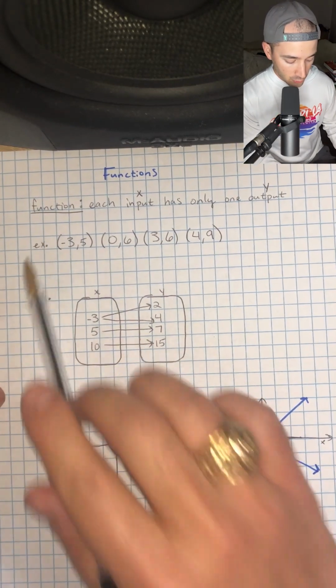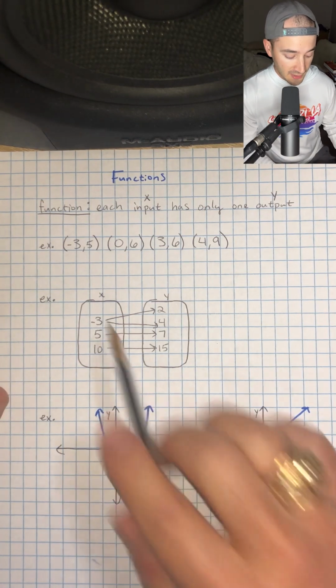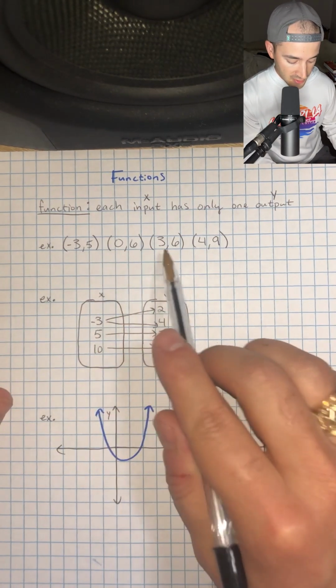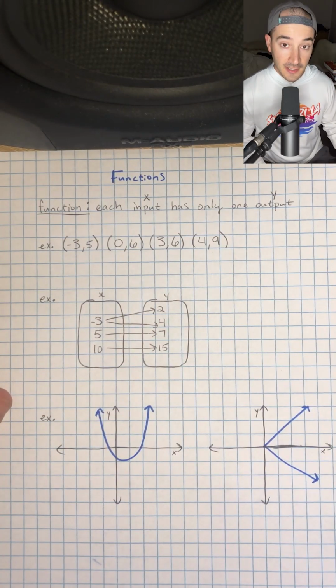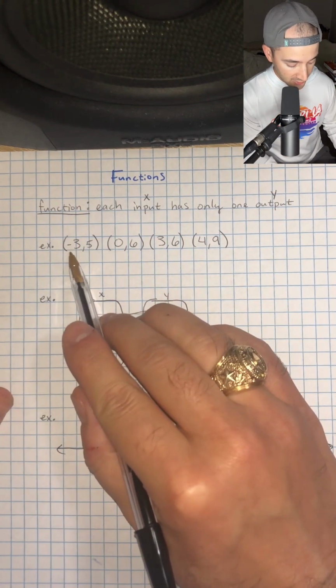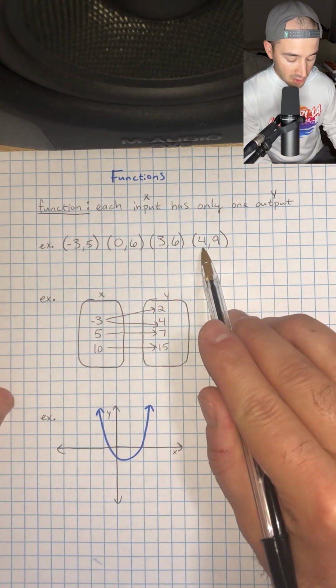So first of all, ordered pairs. The easiest way to look at ordered pairs is just to look at the x values, which are the first numbers in each ordered pair, and just see if any of the x values repeat, okay? If they repeat, it's not a function. So we have -3, 0, +3, and +4.